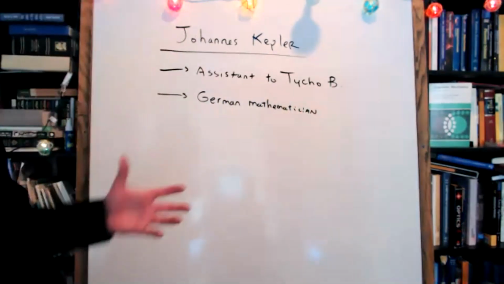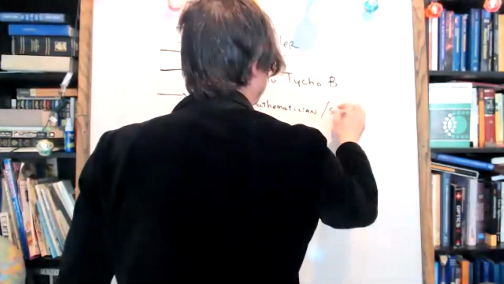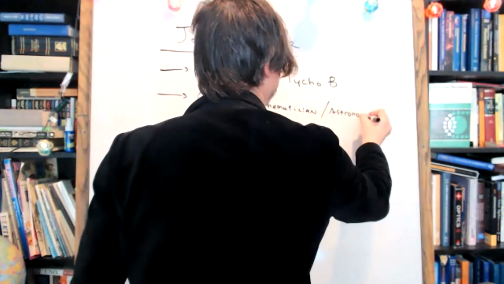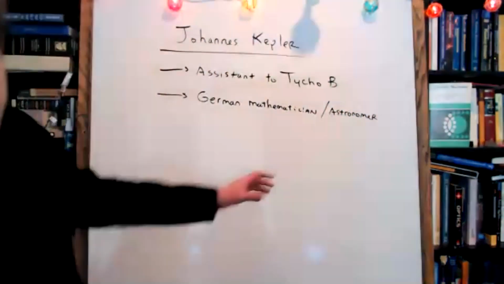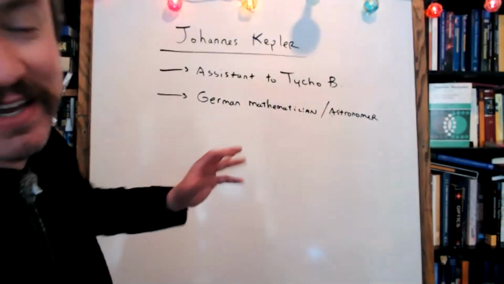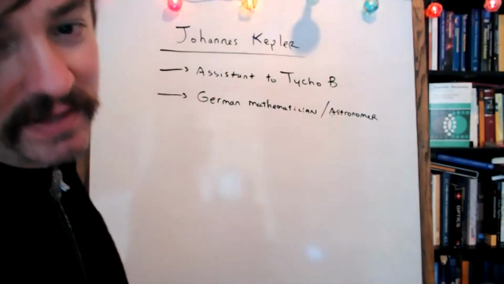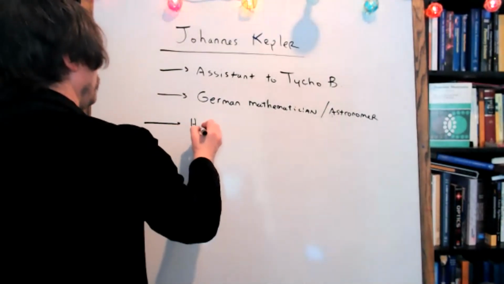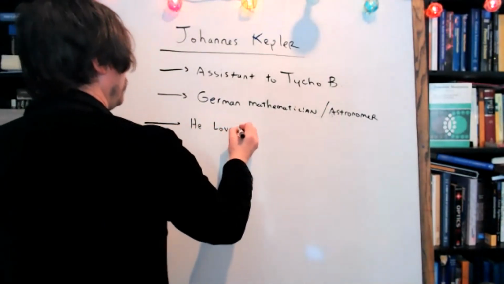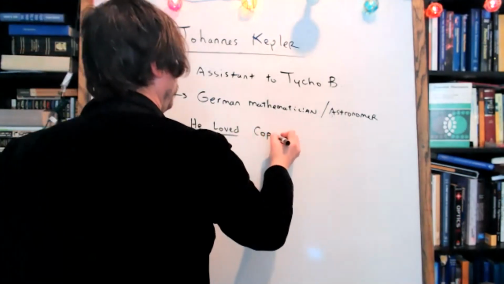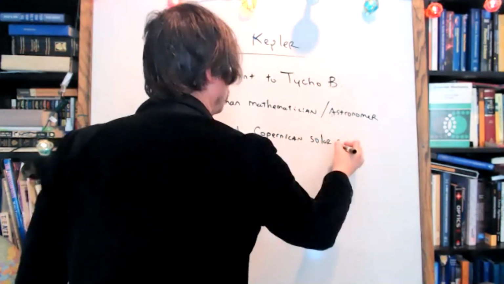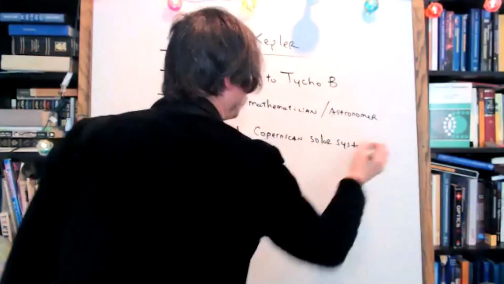I guess we could also say astronomer. Actually, it's kind of interesting. He was also a crackpot astrologer and mystic who had all these crazy ideas about the universe. But what's important is he loved the Copernican solar system. I'm a little tired, so I can't think of a better way to say that.